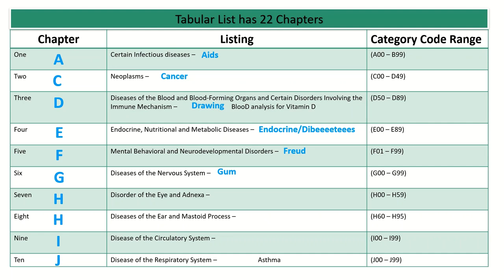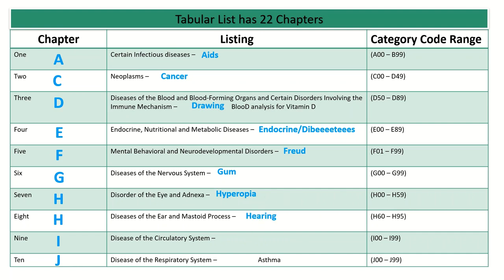All right, chapter 7. Disorders of the eye and adnexa begin with H00 through H59. H is for hyperopia. If you didn't know, that's farsightedness. Chapter 8, diseases of the ear and mastoid process, H60 through H95. Diseases of the ear and mastoid process, think of hearing.